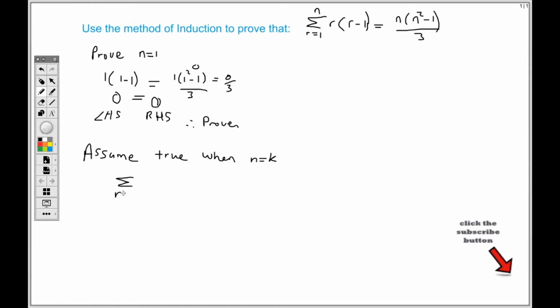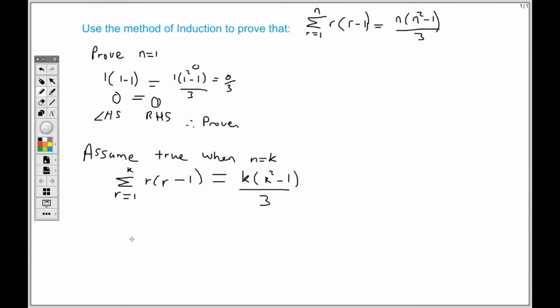So the stopping point is at k. So where I have n at the top, the upper limit, I am going to change it to k. It is the same scenario on the right hand side where I am going to replace the letter n with k. So I have k open bracket, k squared minus 1 all over 3.